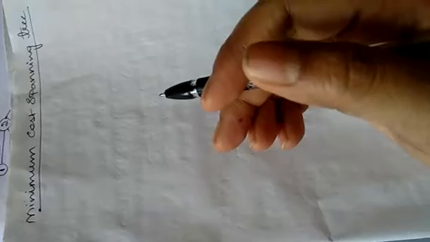First, you must know what you mean by a spanning tree. A spanning tree is a tree in which all the nodes are connected without forming a circuit. For example, I'll just take one graph.